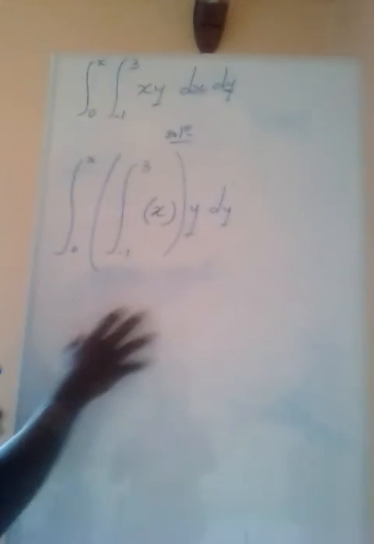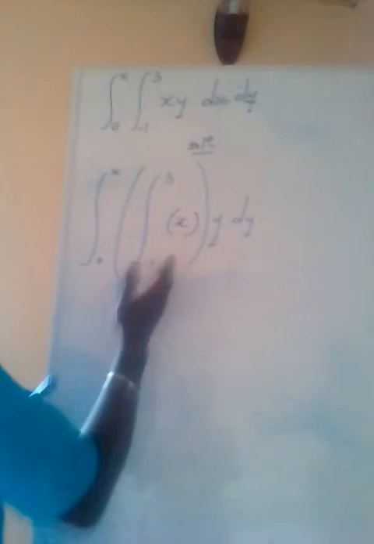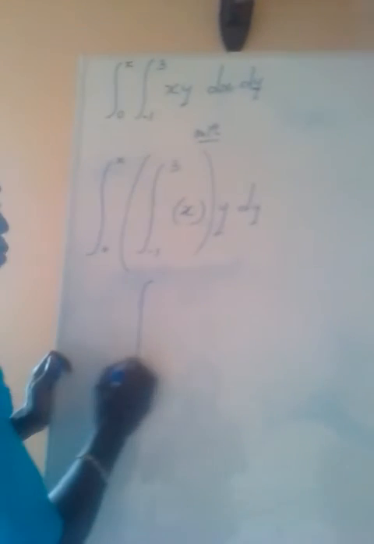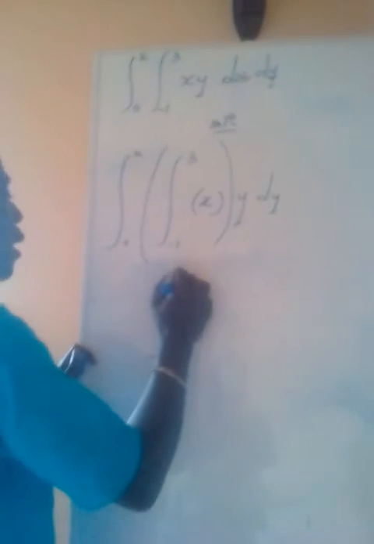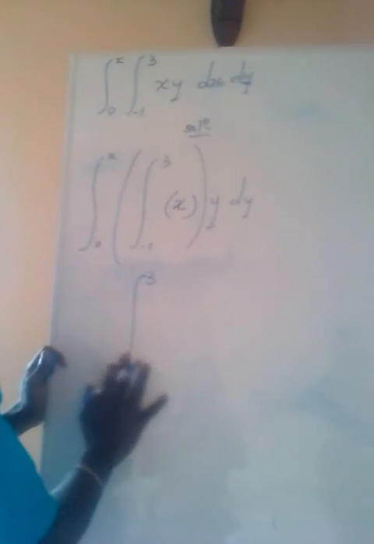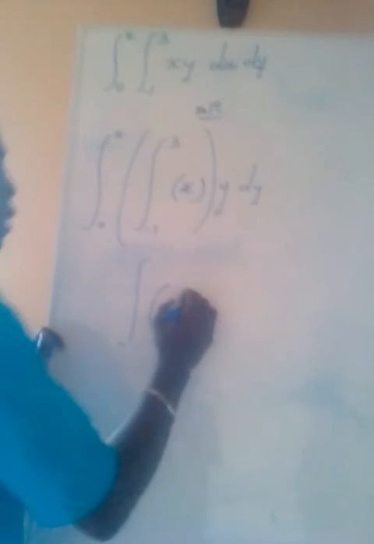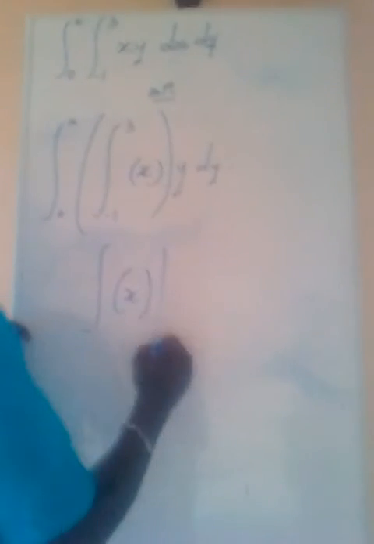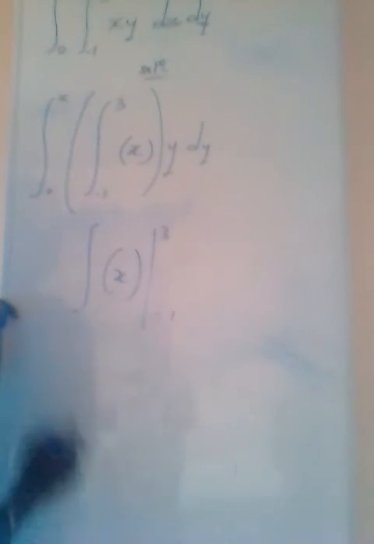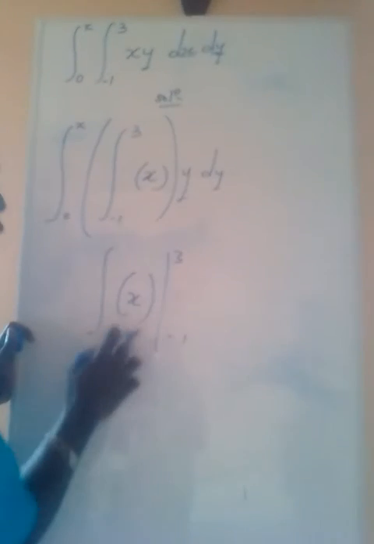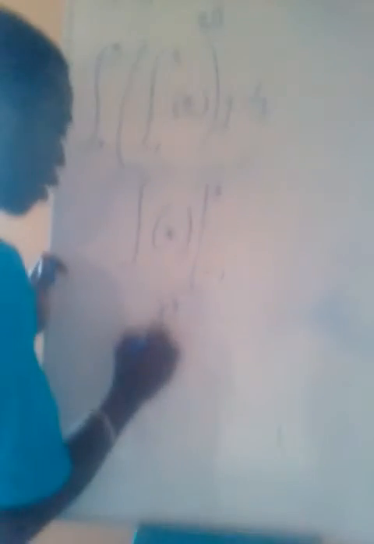Now for this one, I will just integrate the x. So I have my -1 and then 3. I have my integration of x, and the integration of x becomes x squared over 2.